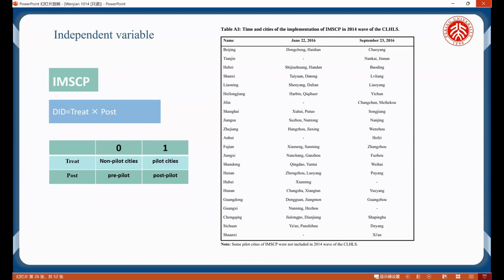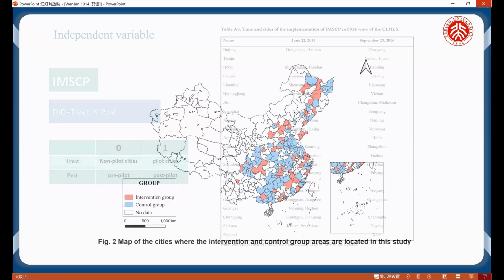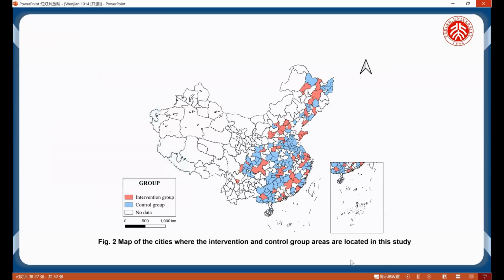This table is the pilot cities of the IMCP in 2014 and 2018. This is a map of cities where the intervention and control group areas are located in this study.